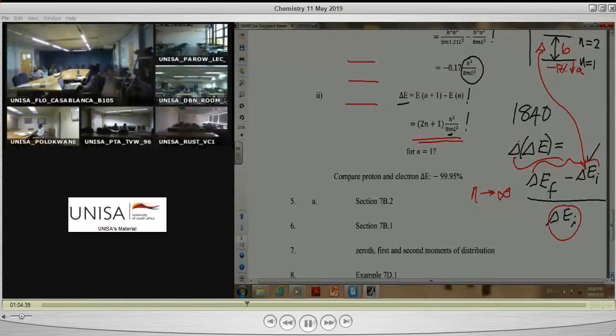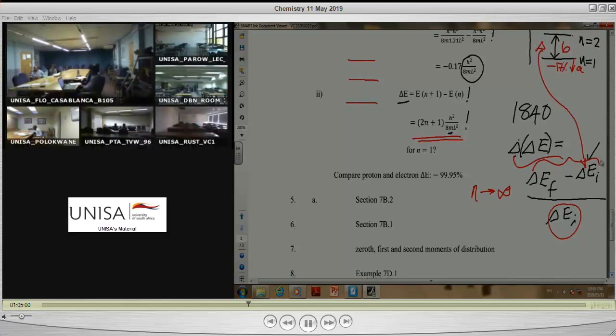This whole quotient becomes very little, so the jump from one energy level to the next is even smaller.